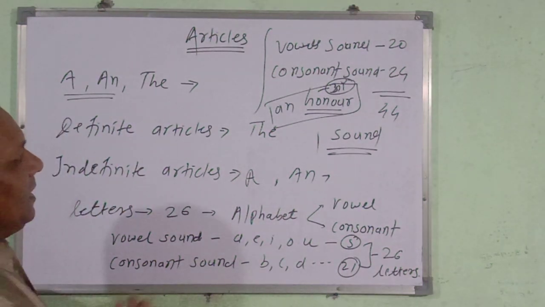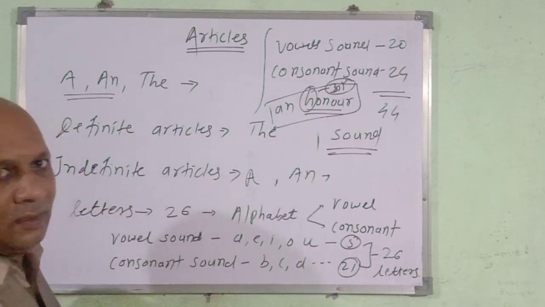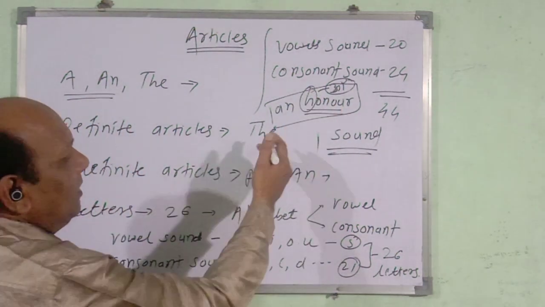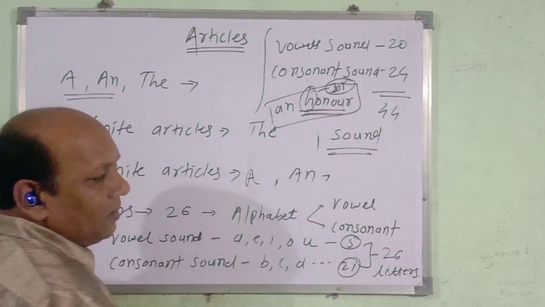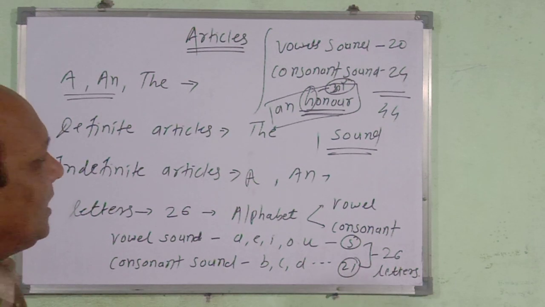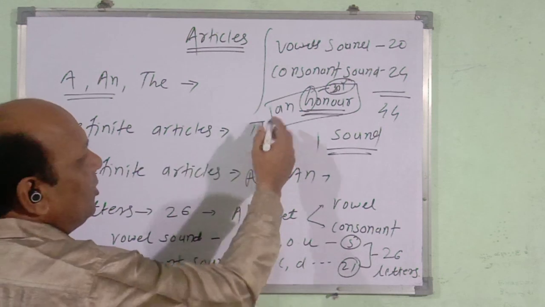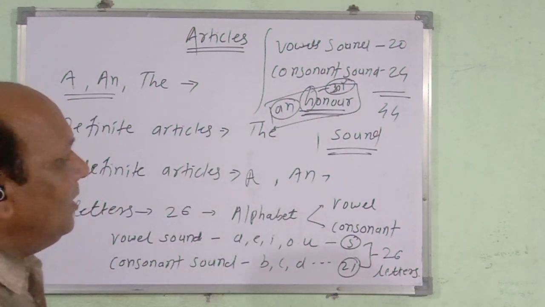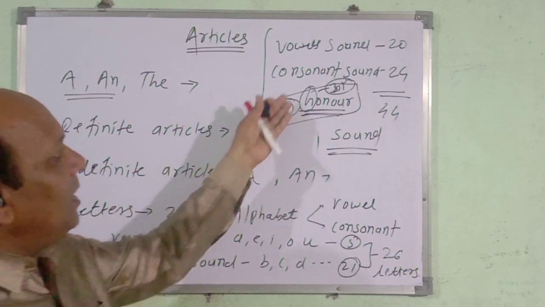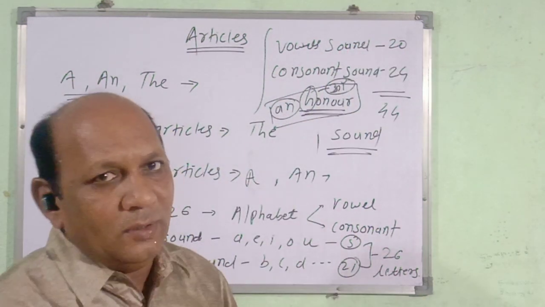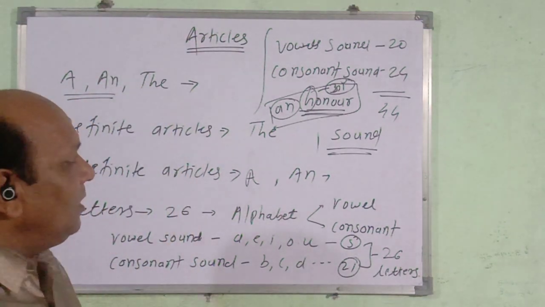But actually this noun begins with a consonant letter, yet we pronounce it as "honor". Next one is "honest". Getting it or not? That time also we have to use "an" article. Such sounds are included in the 20 vowel sounds. So what is the use of the vowel sound? What is the use of the consonant sound?